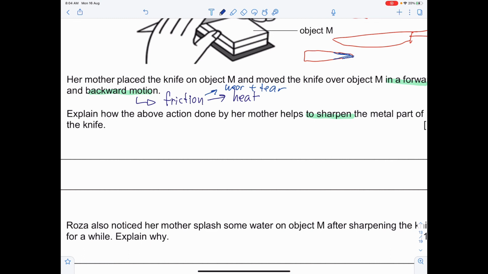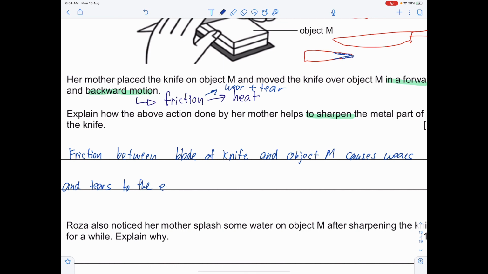So how would the answer look like? So the first thing would be: friction between blade of knife and object M causes wear and tear to the edge of the blade.